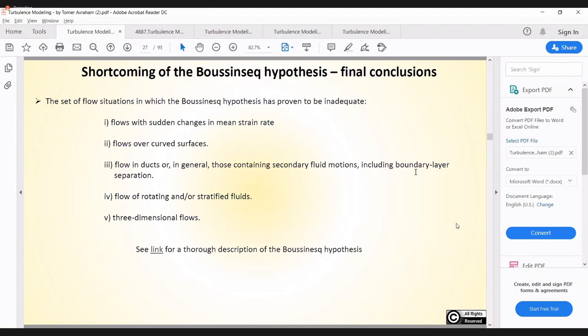The shear simply penetrates too hard to the corners, and the same happens when you use these models against adverse pressure gradient. They tend to stick more than they should. Rotating flow and stratified flow, nothing to even think about.